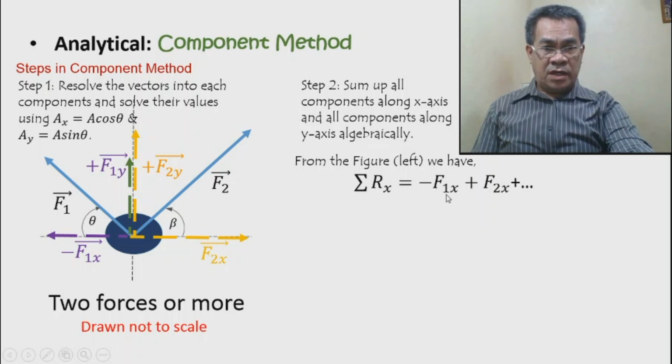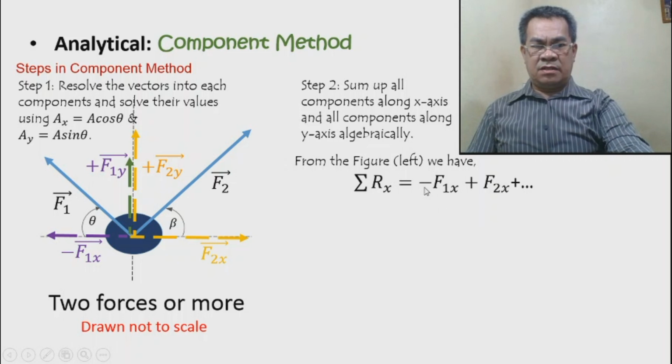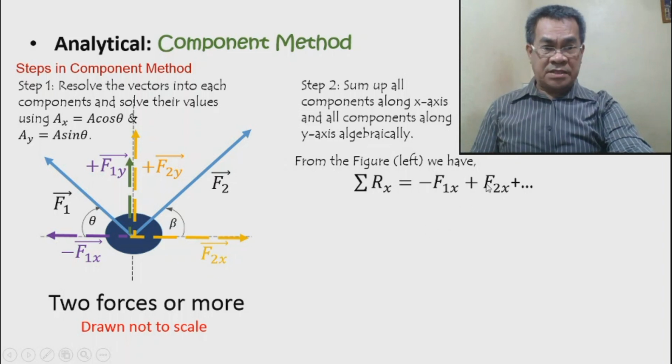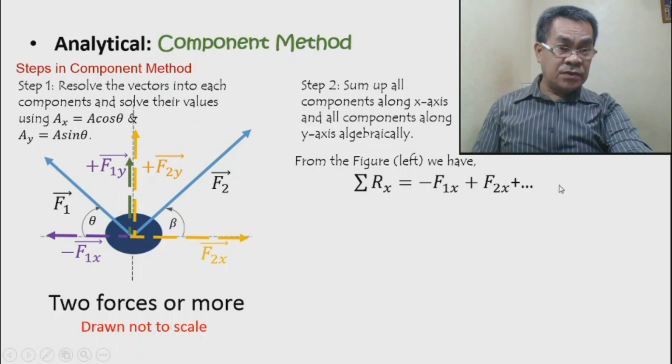So we have this negative because this is according to the figure. This is towards the left, so this must be negative. If this is towards the right, then this should be positive. This is algebraic. This is the meaning of algebraically sum up. So then F2x is positive.